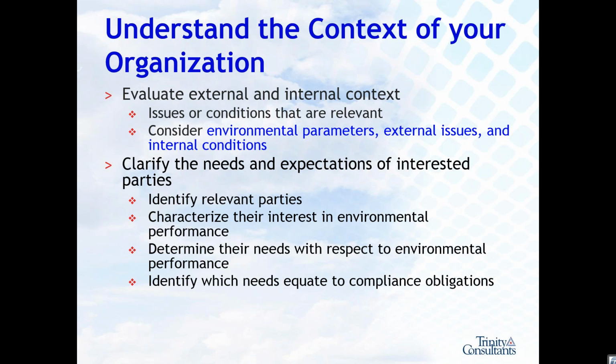What do they need and expect from you in terms of environmental performance? And also determining what interests they have in your environmental performance and how that interest might affect your organization. And then, of course, evaluating which of those needs and expectations correspond to compliance obligations.